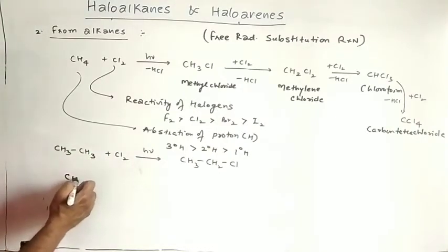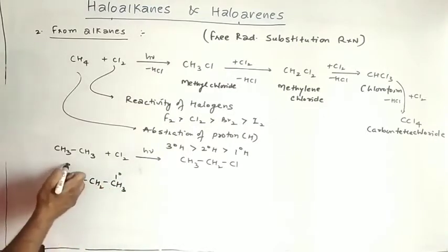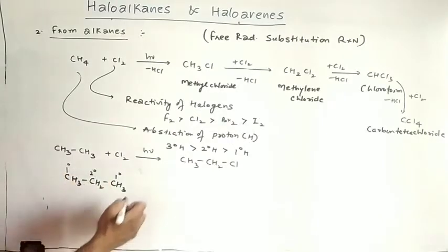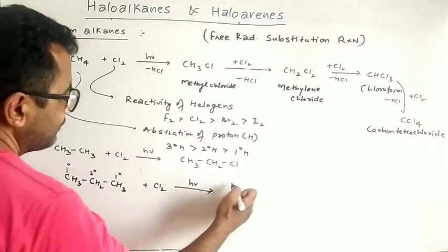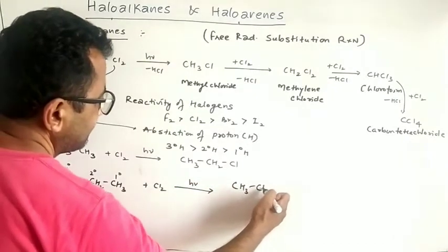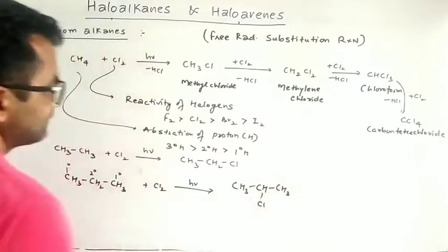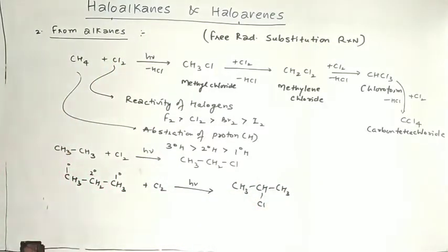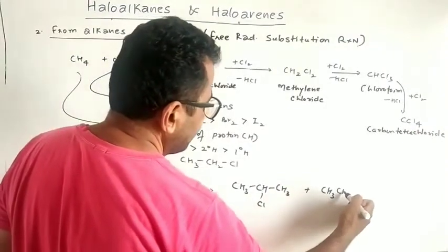Now suppose we have propane. This is 1 degree, this is 1 degree, this is 2 degree. When you add chlorine, 2 products are formed. As we know, the abstraction of 2 degree proton is faster than 1 degree. So when you remove 2 degree, you get isopropyl chloride.